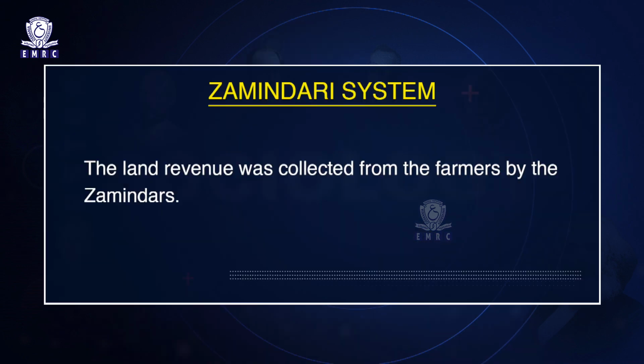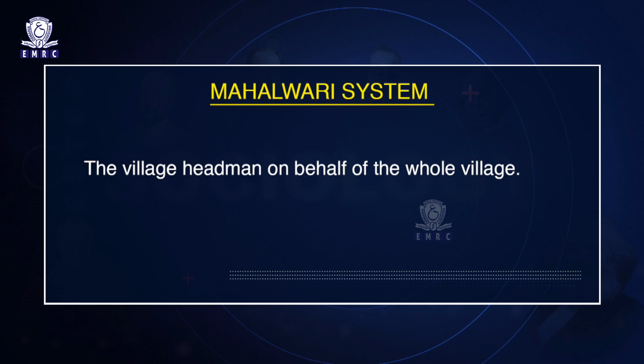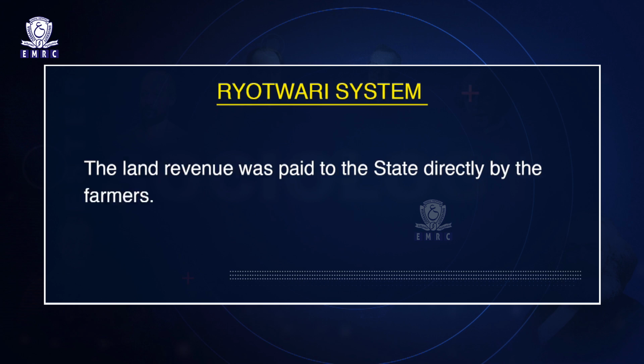In the Zamindari system, the land revenue was collected from the farmers by the Zamindars. In the Mahalwari system, it was collected by the village headman on behalf of the whole village, while in the Ryotwari system, the land revenue was paid to the state directly by the farmers. In all three systems, the usual practice adopted was to get the land cultivated by tenants.